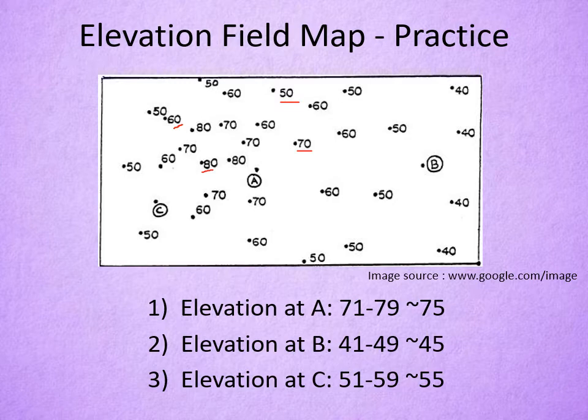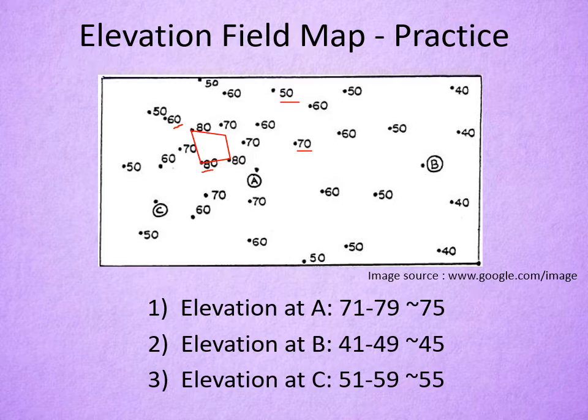Now, if you get these kinds of different elevation values of an area, your first job is to draw the contour lines. We first find the equal elevation points and join them. Here you can see we join all equal elevation points in a closed, circular pattern.